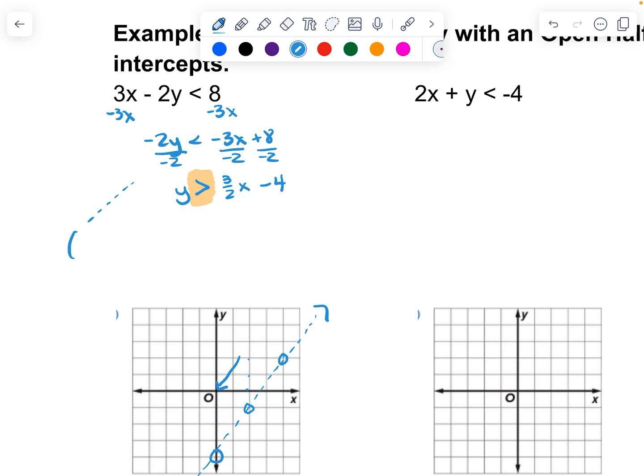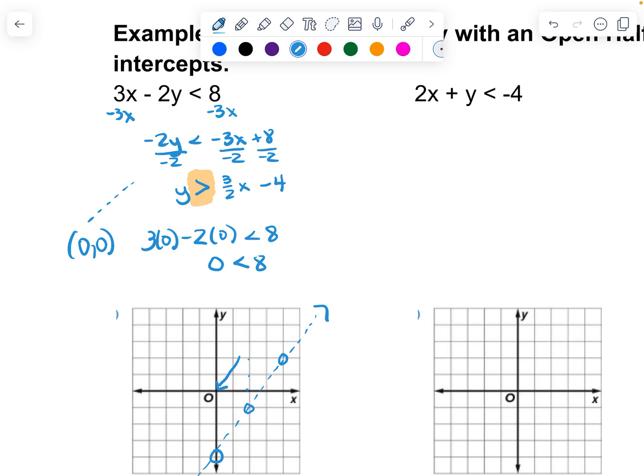So I plug in 3 times 0 minus 2 times 0 is less than 8. That gets me 0 is less than 8. Is that a true statement? That means it is a solution.